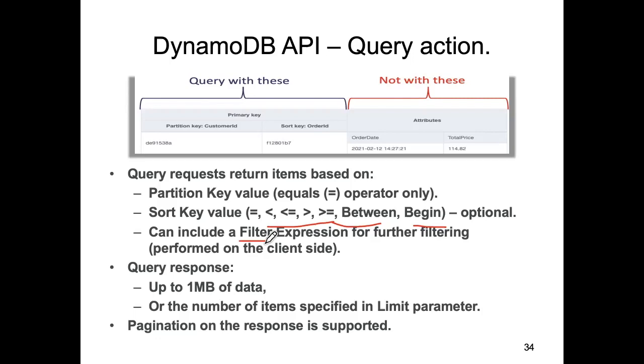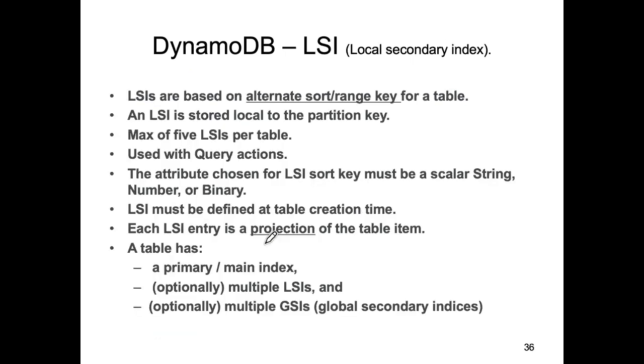Now, if I go forward to this slide here, this is stuff that I did not cover in the previous lecture. In DynamoDB, we have the notion of local secondary indices, or LSIs. A local secondary index is an index based on using an alternative sort key to the main sort key that you would have associated with the table design.